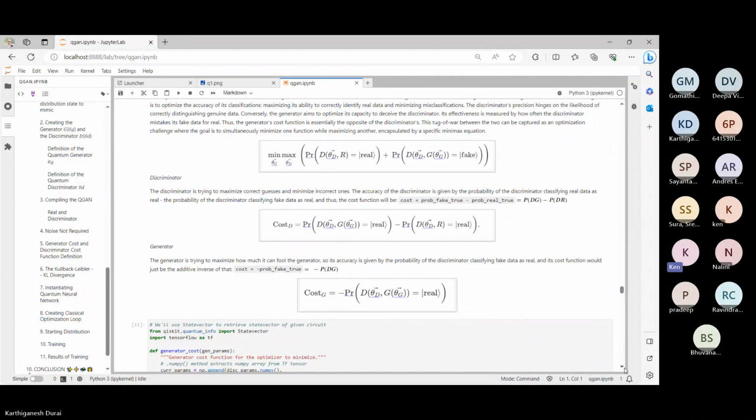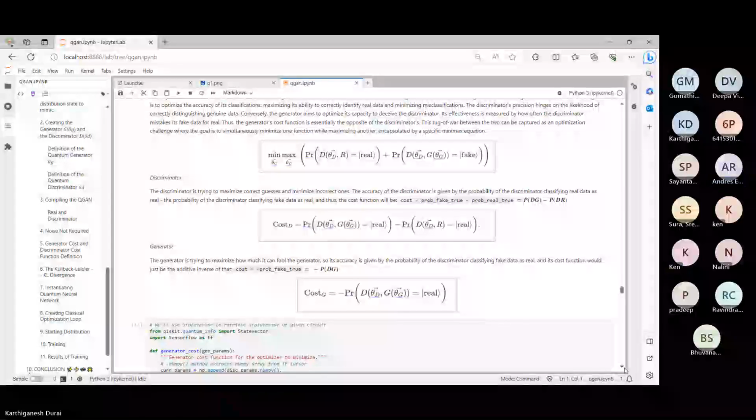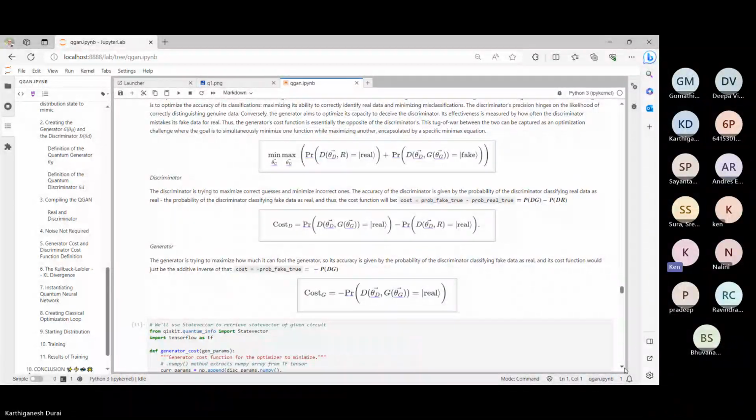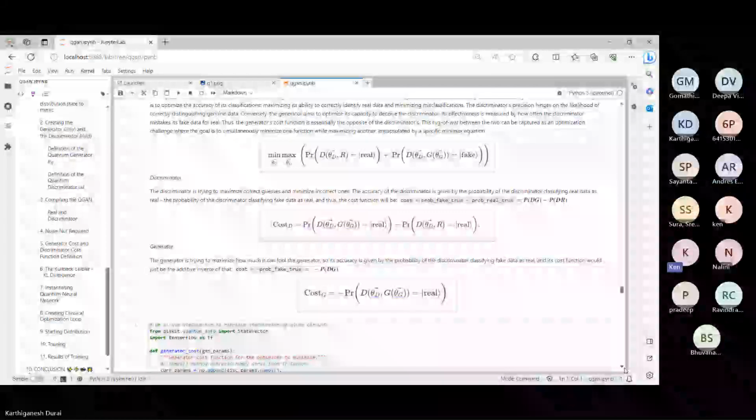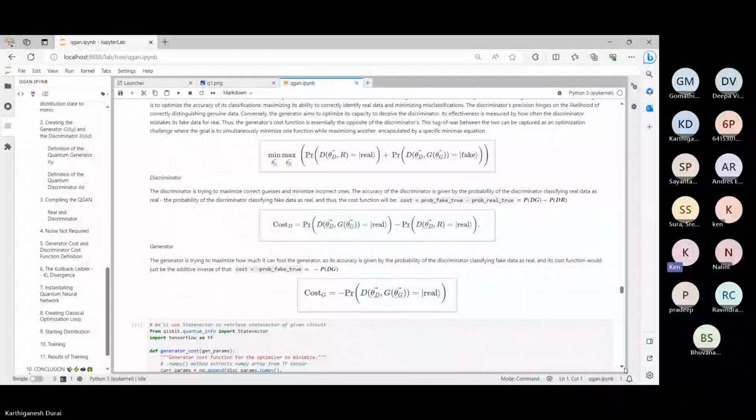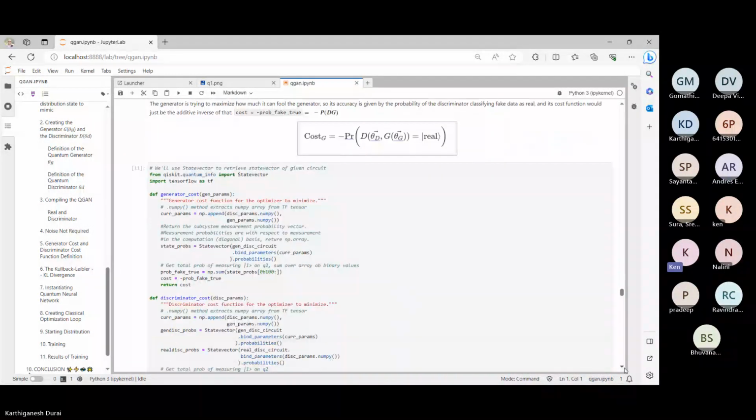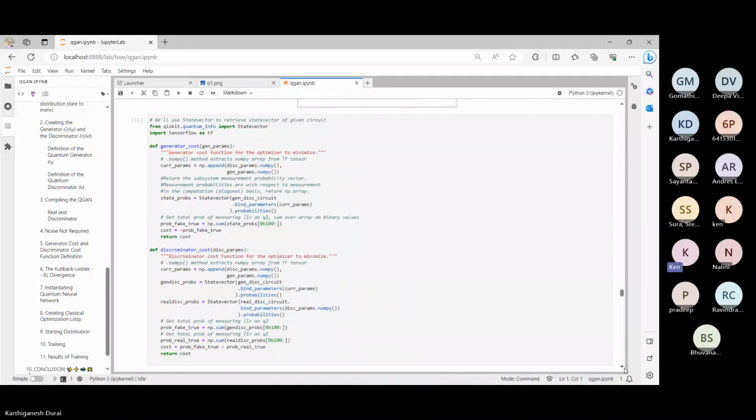What we're saying here now for the generator is the cost of the generator is just the negative probability of fake true. And this definition here is basically what we've implemented in our code cell down here. If you could scroll down to the code cell. Yeah, and so we define the generator here. And if you look, you'll find the cost of each one.